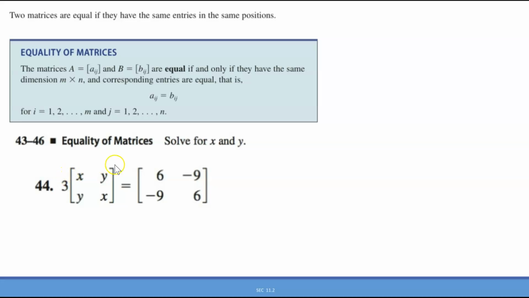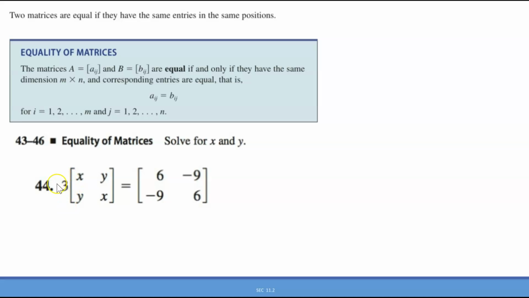When we look at here, in order for these two to be equal, they have to have the same entries in the same positions. Now what we're going to do here is look at what this 3 means. This 3 is called a scalar. It's just a number or a constant that we multiply a matrix by.